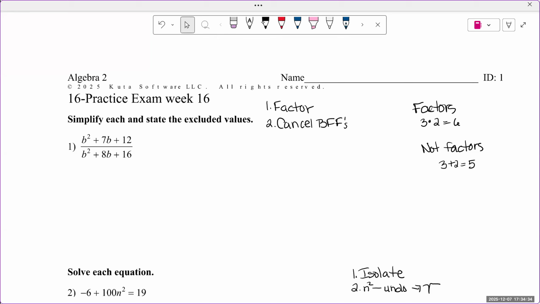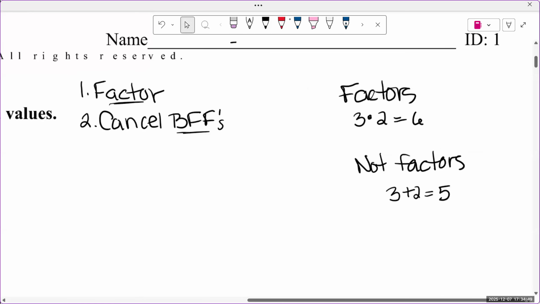Number one, simplify. Now, the steps are to factor, and factoring will give you those little BFF couples, and then we're going to cancel. But let's talk about what the word factor refers to. Factor only refers to two numbers that have been multiplied.